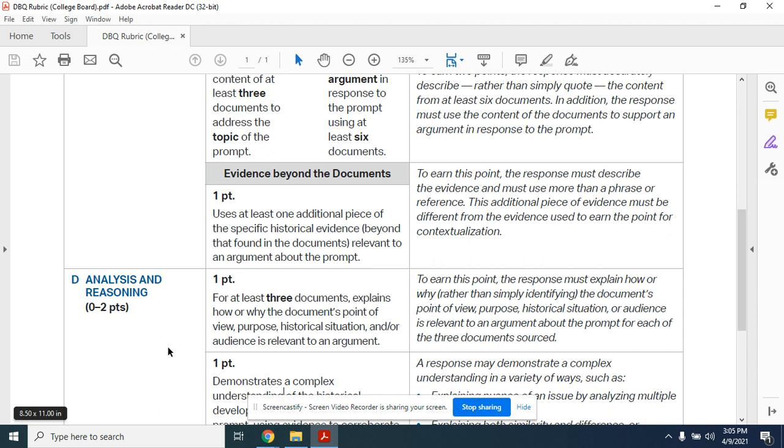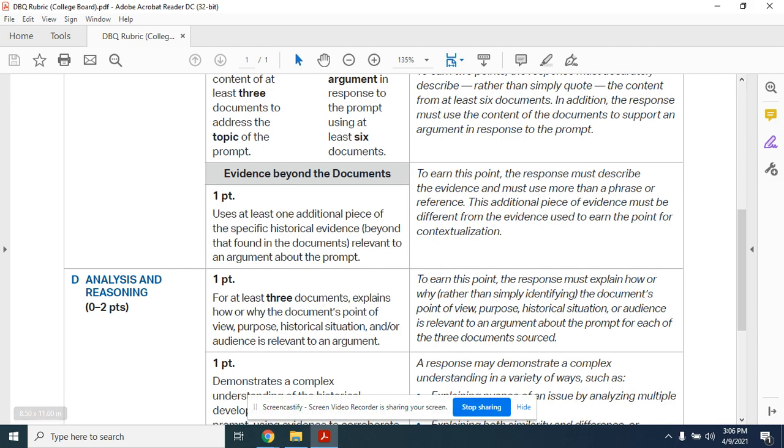So you're not just saying, well, Samuel Adams, he was a member of the Sons of Liberty, so he didn't like Britain to begin with. Okay, that is his point of view. But why does that matter? Why is that relevant to the argument you're trying to make? Okay, so in another video, I will share with you how to properly do this, how to write your sentences when you're sourcing to be sure that you're earning this point.